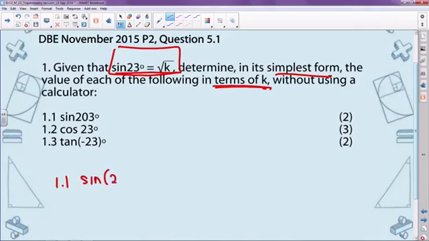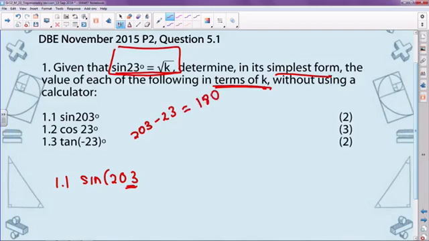So I start thinking, well, how is 203 related to 23? Okay, well, it's not immediately apparent, but if I said, and you can do this on the side, 203 minus 23, what will you get? You'll get 180.